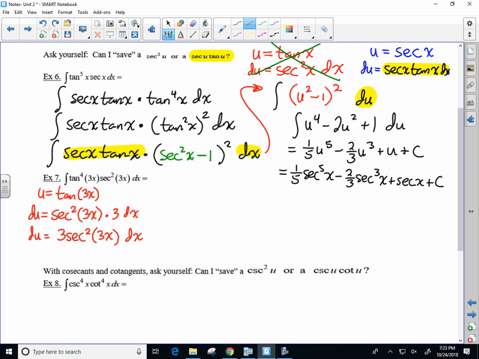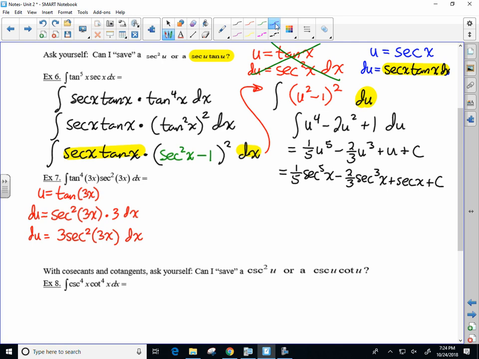All right, so when you're trying to mentally reason this out, if you can play it out in your mind a little bit, that's always going to be for the best, because that saves time and energy, writing, erasing, things like that. But you say, well, if I take the derivative of tangent, what am I going to get? Secant squared. Well, that's the other part, so that's a good idea. If I take secant, I'm going to get secant tangent. That may work. There's a possibility that you might get it using both u designations, but not guaranteed.